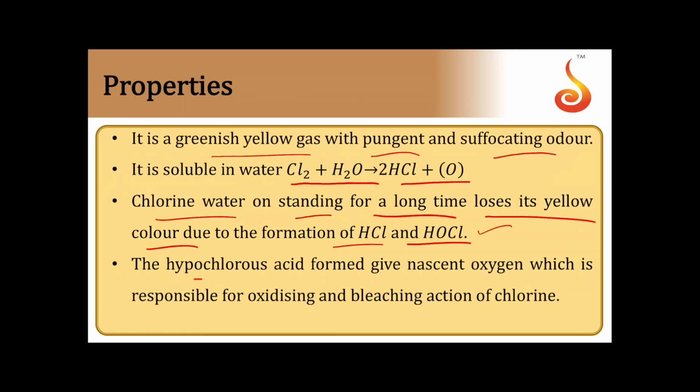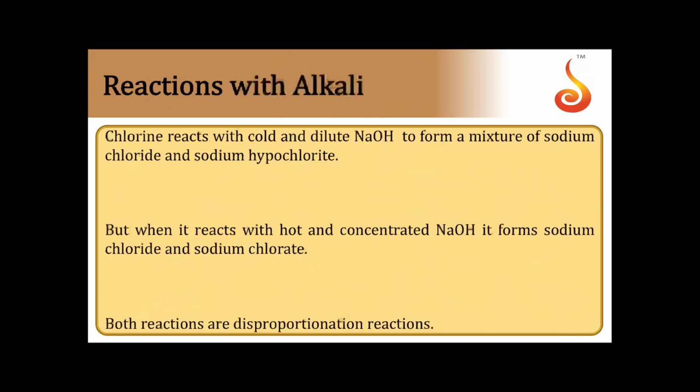Hypochlorous acid gives nascent oxygen, responsible for oxidizing and bleaching action of chlorine. So HOCl, present in chlorine water, gives rise to HCl plus nascent oxygen, and this is responsible for the bleaching action as well as oxidizing properties of chlorine water.